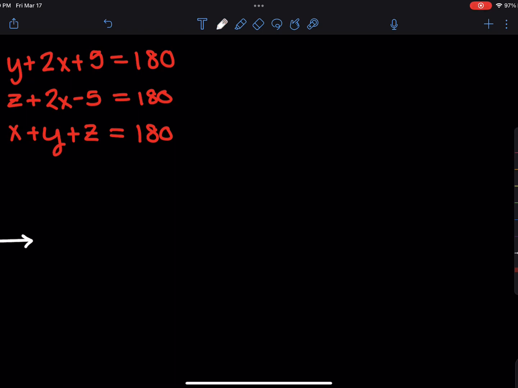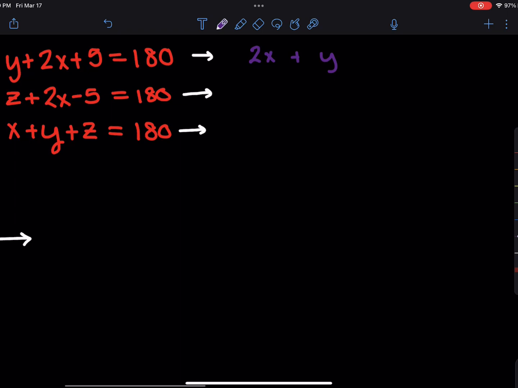And then after that, we can start simplifying these equations so that it's easier to do the elimination and substitution. So that first one is 2x plus y is equal to 175. The second equation would simplify out to 2x plus z is equal to 185.